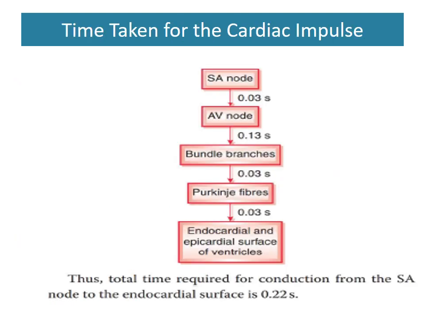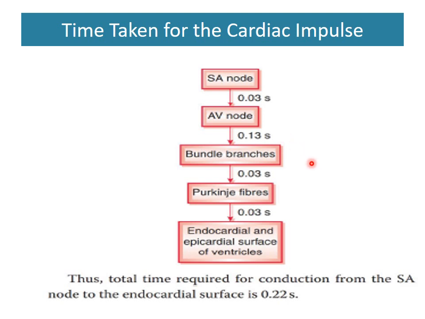This slide shows the total time taken for the cardiac impulse to travel from the SA node to the endocardial surfaces, the innermost surfaces of the heart. From the SA node to the AV node, it is 0.03 second. Then there is a delay of 0.13 second, so it becomes 0.16 second.